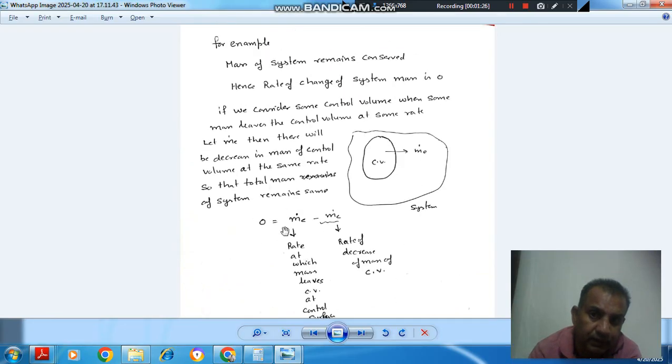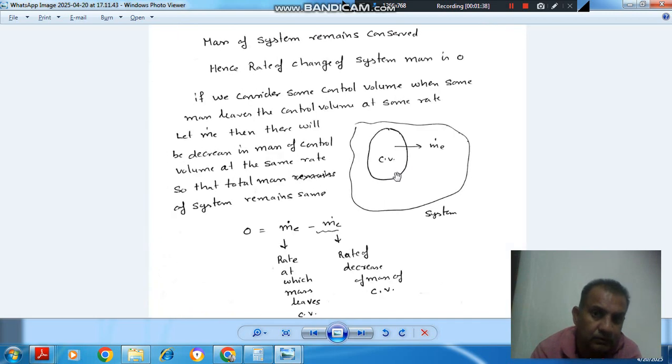If we try to understand this, this is your system, and in this system mass remains conserved. So mass is an extensive property and suppose mass remains conserved, so the rate of change of mass is 0. Now within the system, if we consider a control volume, suppose m_e dot is the rate of mass leaving the control volume at the control surface.